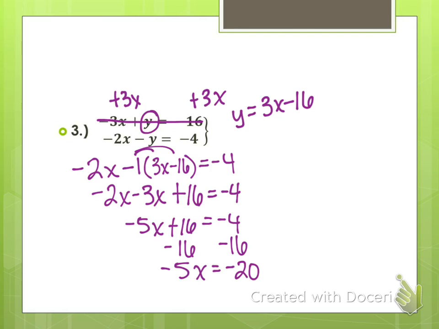The last thing I need to do to get x alone, Adrian? Not divide by the x, just by the 5, but the 5 is negative. Very good. So in that case, we get x equals positive 4.